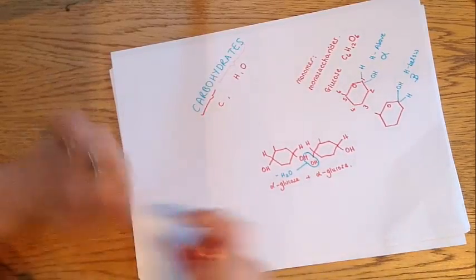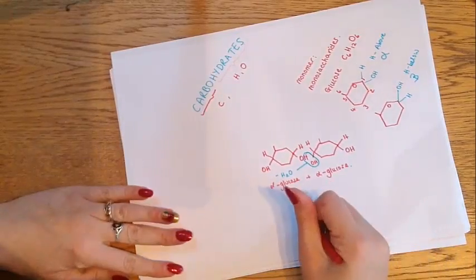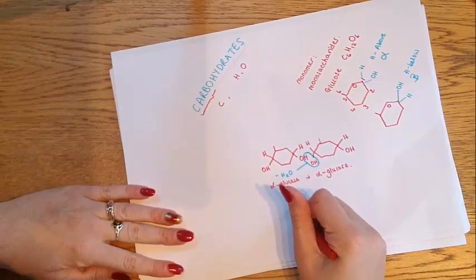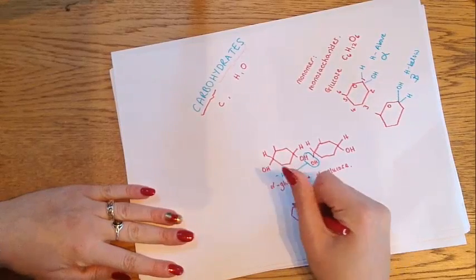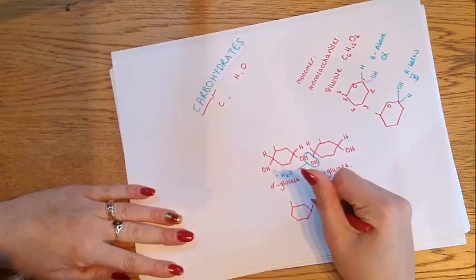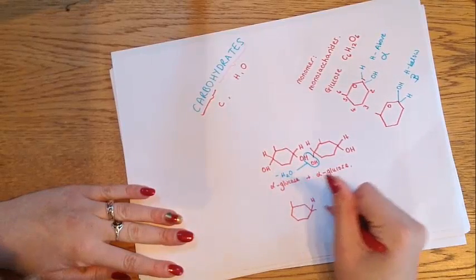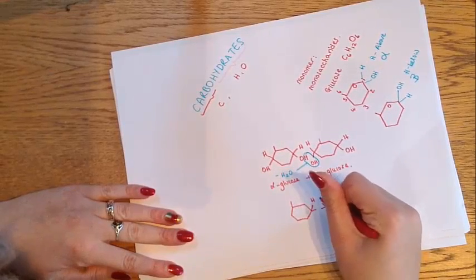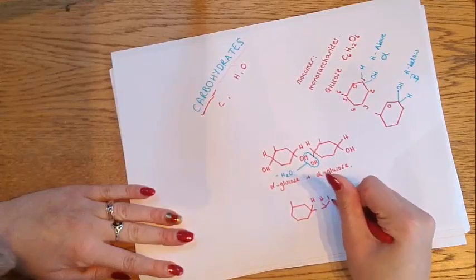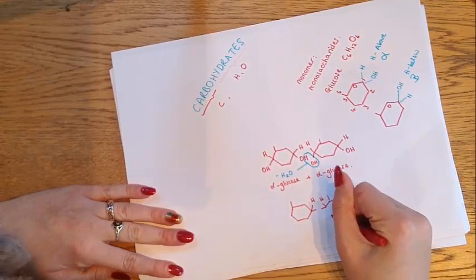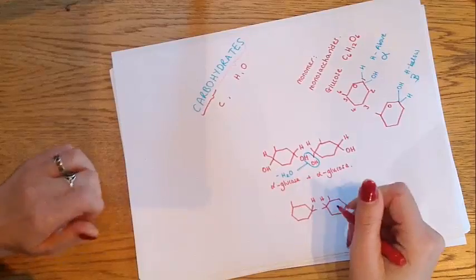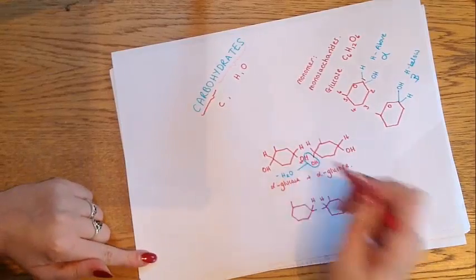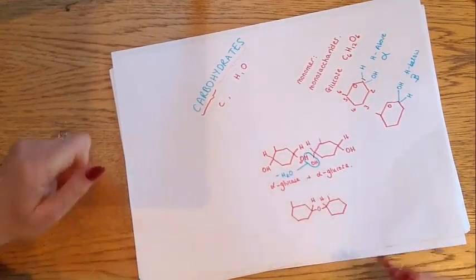Another thing is that you have to put two small things together to make a large thing. If we draw out what we've done, we've now got two glucoses, and we've still got that hydrogen. What we've got now is that oxygen in the middle of that bond.